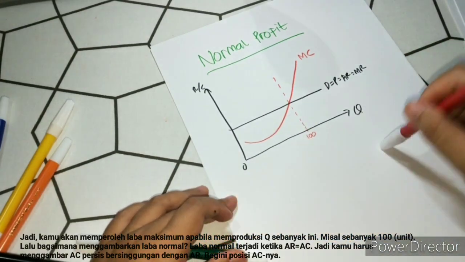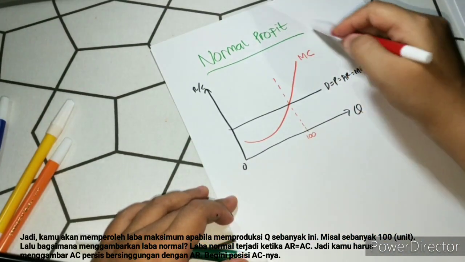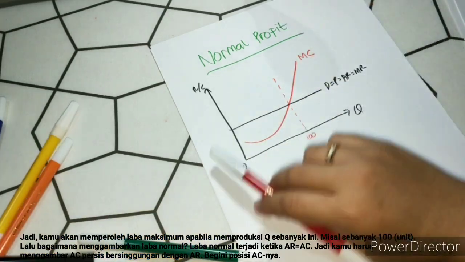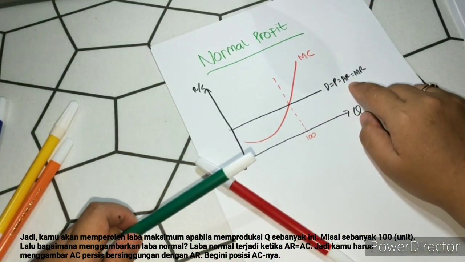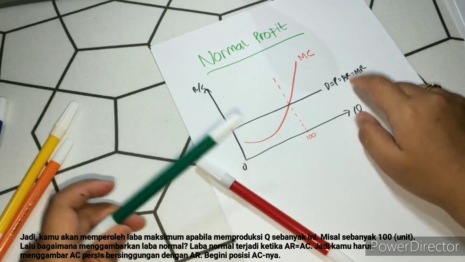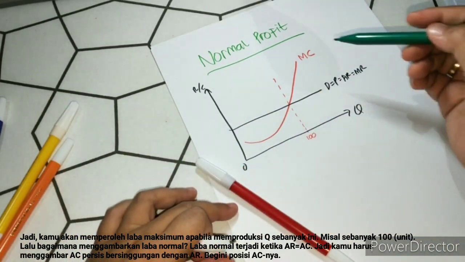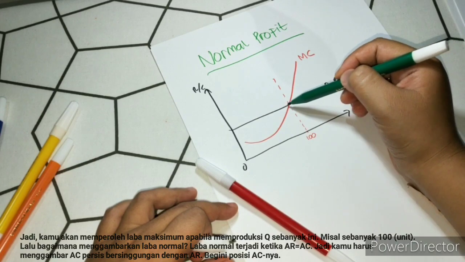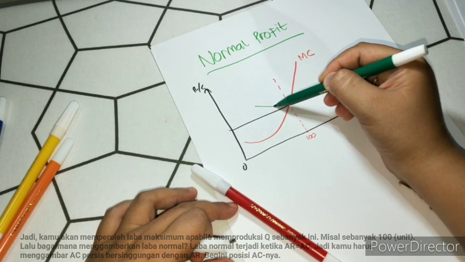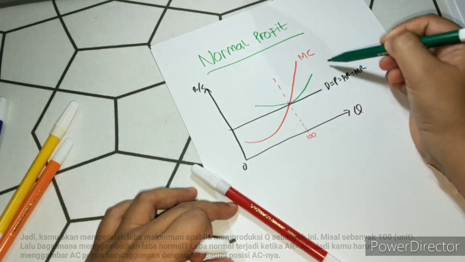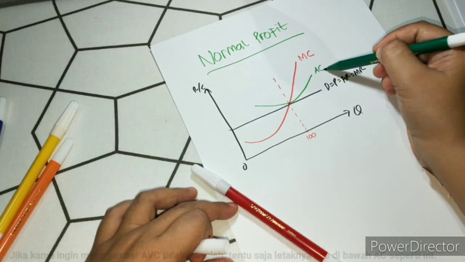So how do we draw the normal profit? Normal profit happens when the average revenue equals the average cost. So you have to draw the average cost exactly the same as the average revenue, like this one. So this is average cost.